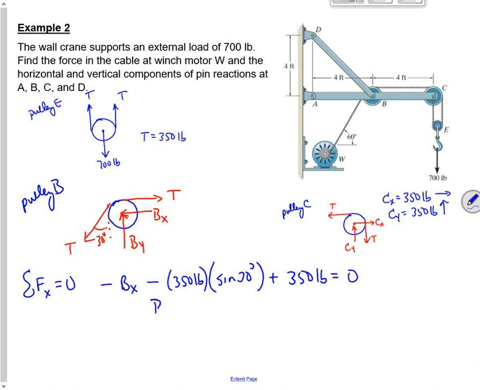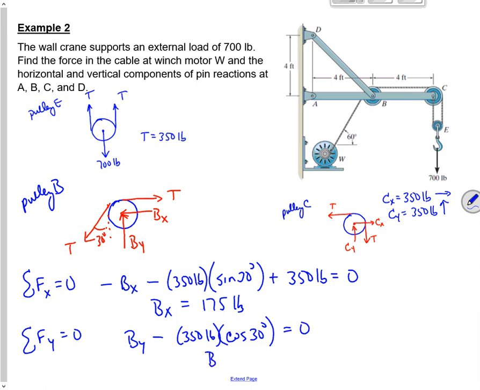Solve that for BX. I get BX is 175 pounds. And I do the sum of the forces in Y equals 0. I get BY minus 350 pounds times the cosine of 30 degrees, and that's equal to 0, so BY is 303.1 pounds.